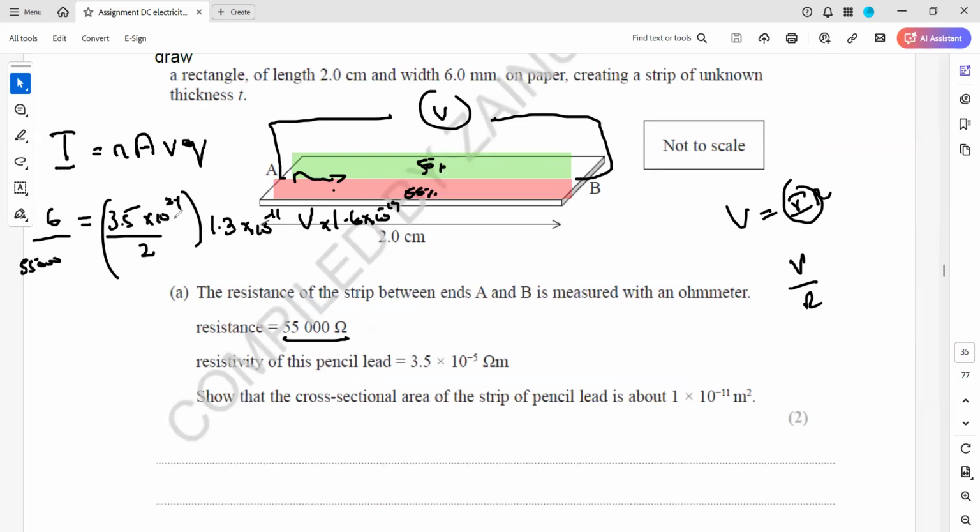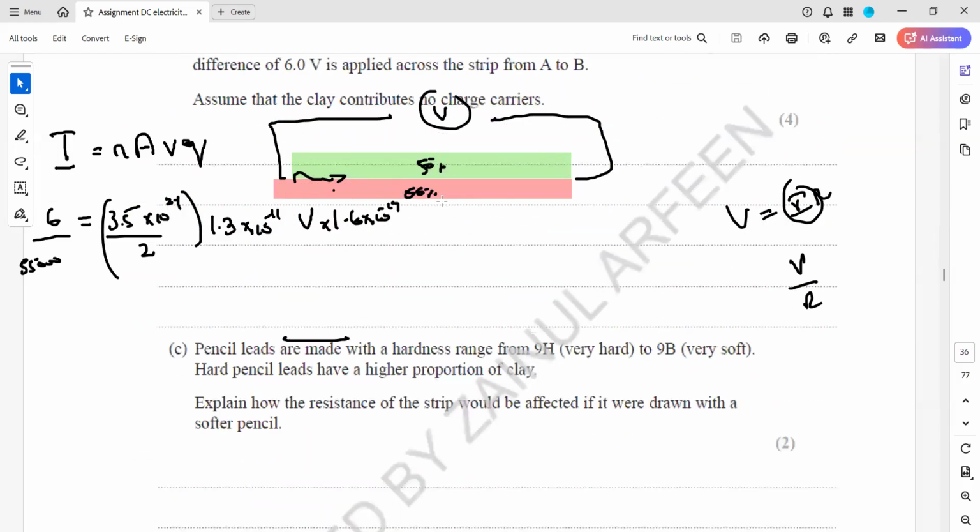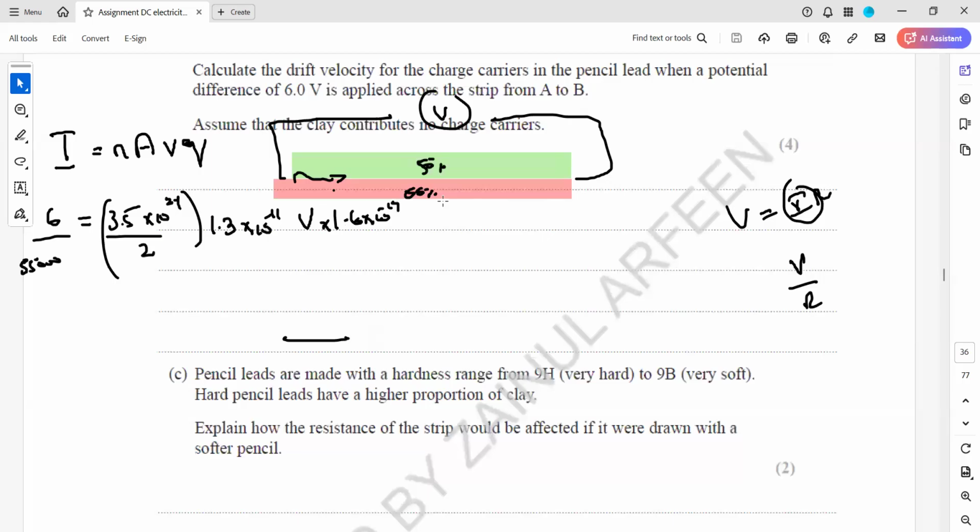Now you just solve for finding the drift speed, the speed at which these particles will move. So V is our subject. It will be 6 times 2, the denominator turned into the numerator, and then these all will be in the denominator.